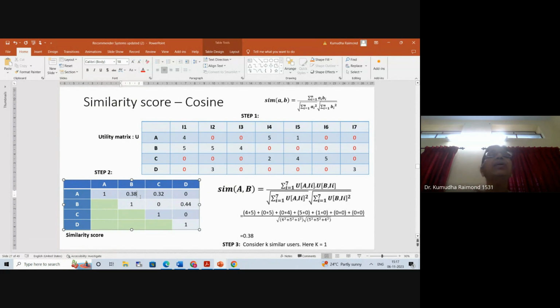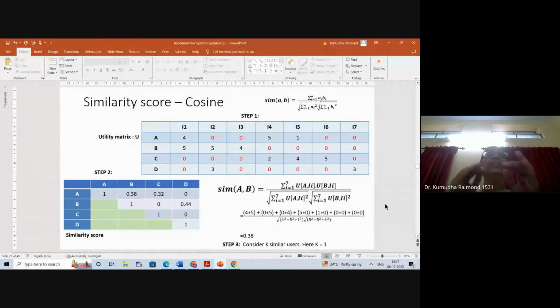When I keep K equal to 1, to find out the similar users of A, only B is available because its similarity value is high. The similarity score between A and B is 0.38, 0.32, and 0. So naturally the answer is going to be 0.38. A is very much similar to B. Their similarity is much higher. Are you able to get it?